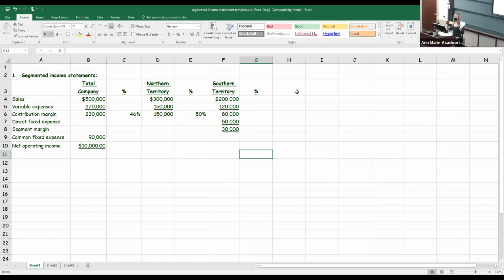Okay, do you want to pick something else? What's the ratio for the variable expenses? Okay, that's all right. I'll move on. Emily?